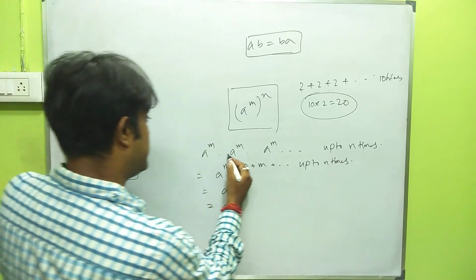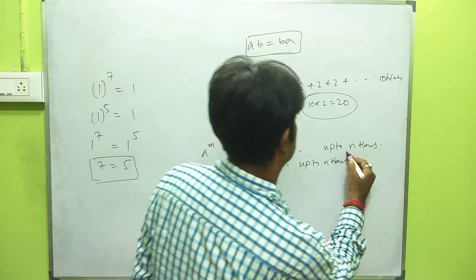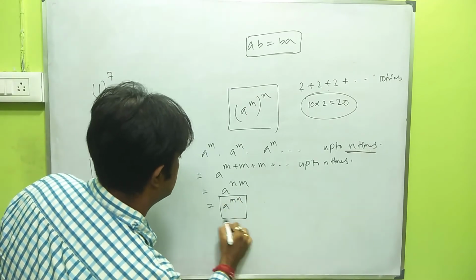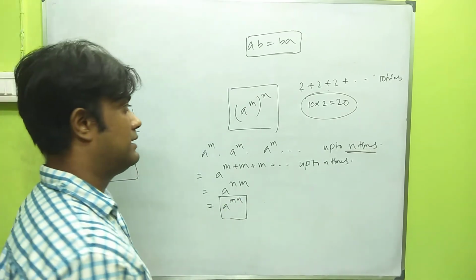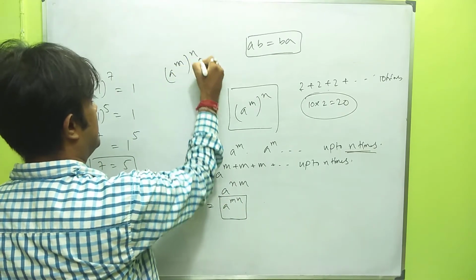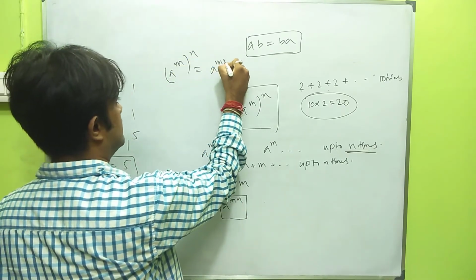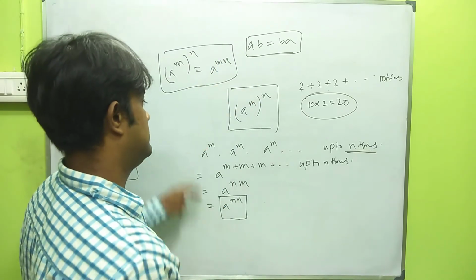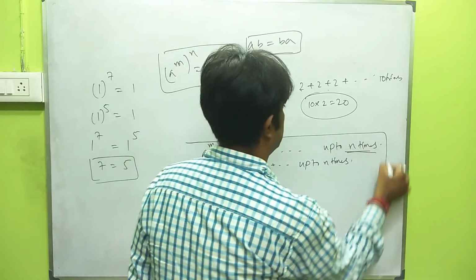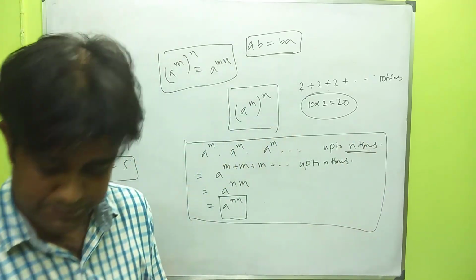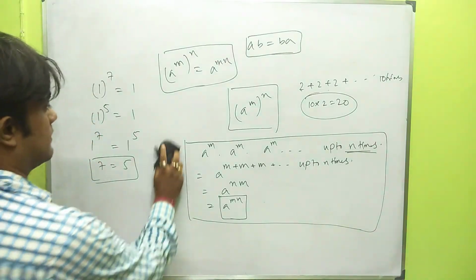So a to the power m times a to the power m up to n times, you get the ultimate result, which is a to the power mn. So (a^m)^n gives us a to the power mn. And how it comes? It is very clear for you.